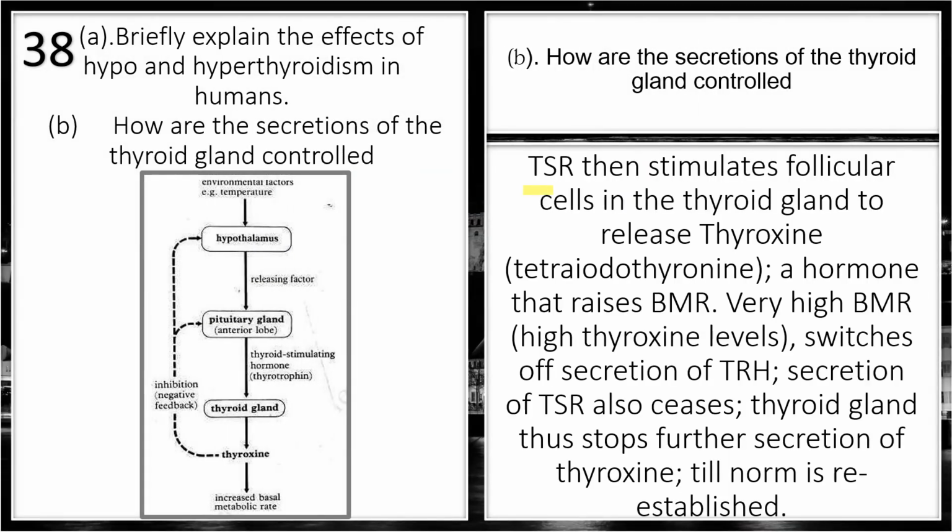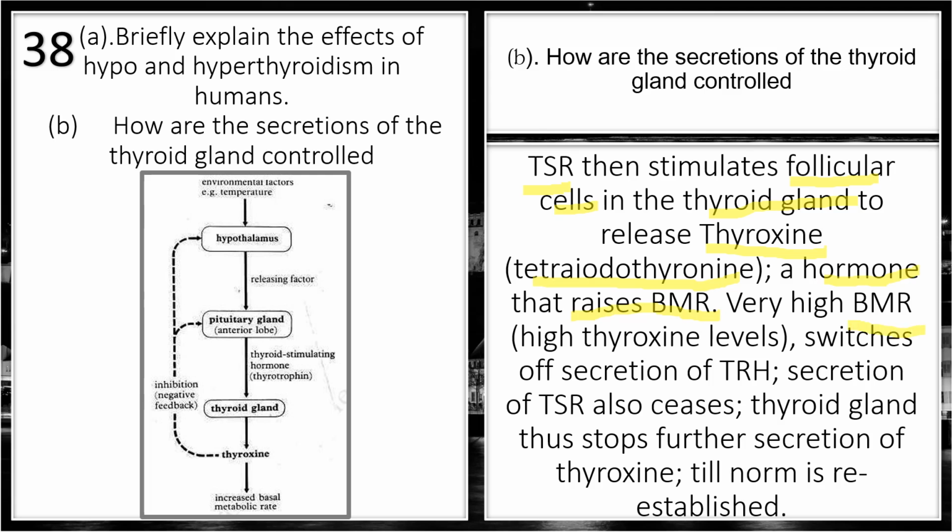The thyroid stimulating hormone then stimulates the follicular cells of the thyroid gland to release thyroxine, tetraiodothyronine, a hormone that raises the basal metabolic rate.